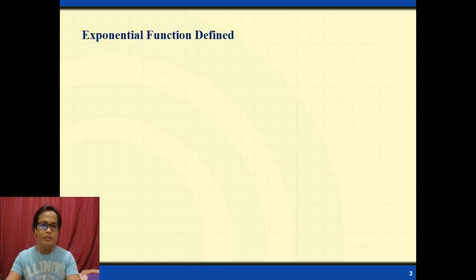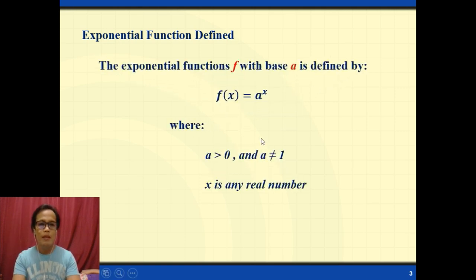Let us have first the definition of exponential function. We have here the exponential function f with base a is defined by, so this is the standard form for exponential function, f of x is equal to a raised to x. Others use b raised to x.